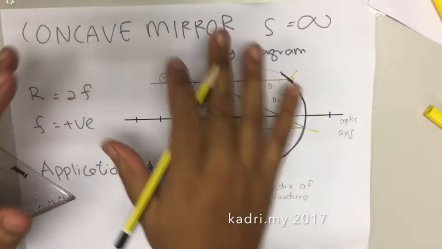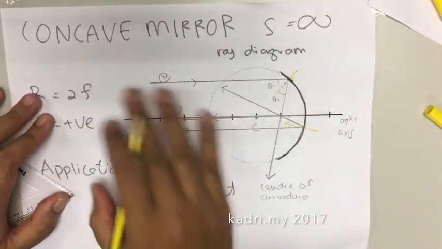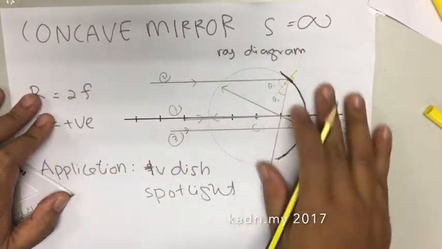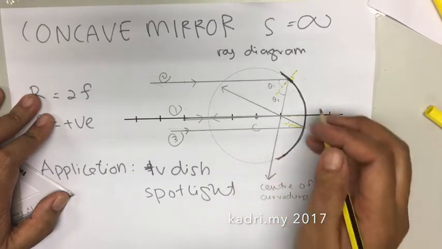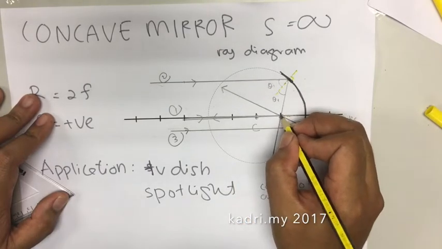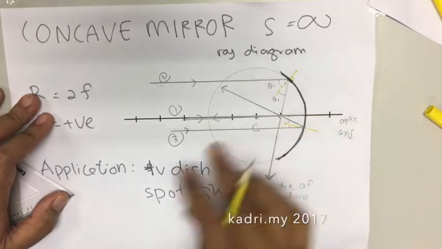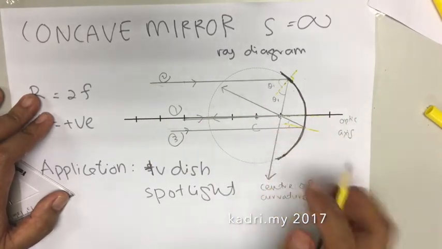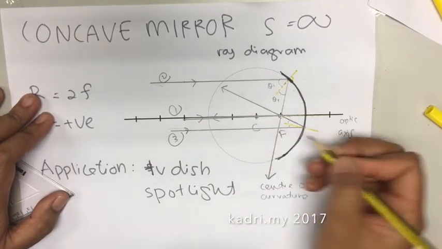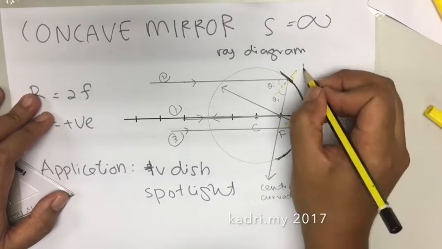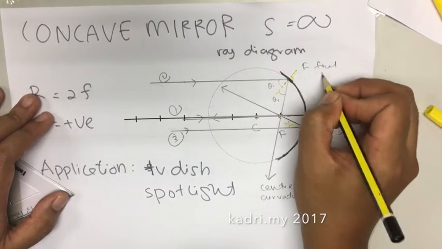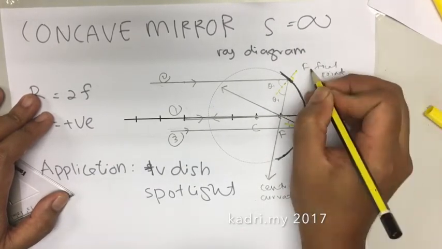If we draw many rays, all of these rays will be focused at this point. So this will be the focal point of the mirror.